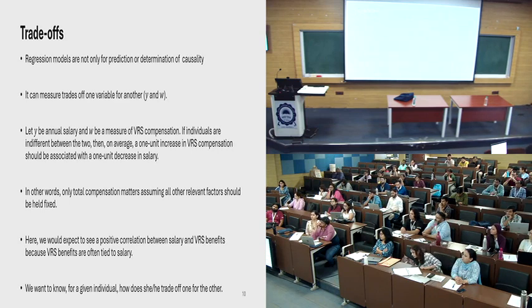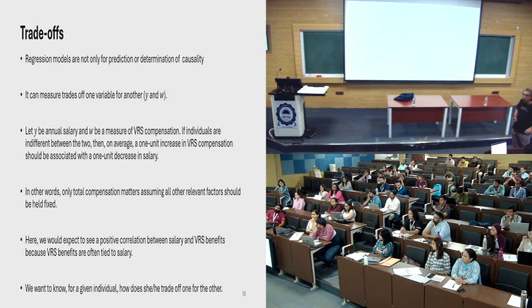Now, if you and I are indifferent between the two policies, or the trade-off being faced by us, then 1 unit increase in VRS could be associated with 1 unit decrease in my salary. So that's my equal trade-off, right? Given that, total compensation would matter, assuming all other relevant factors are kept constant. I'm just going to look at the total compensation, because I know 1 plus should be accompanied by 1 minus. Because it's a zero-sum game at the end of the day.